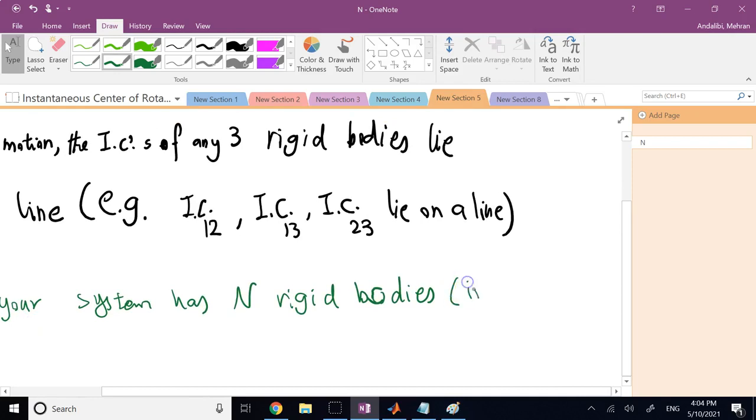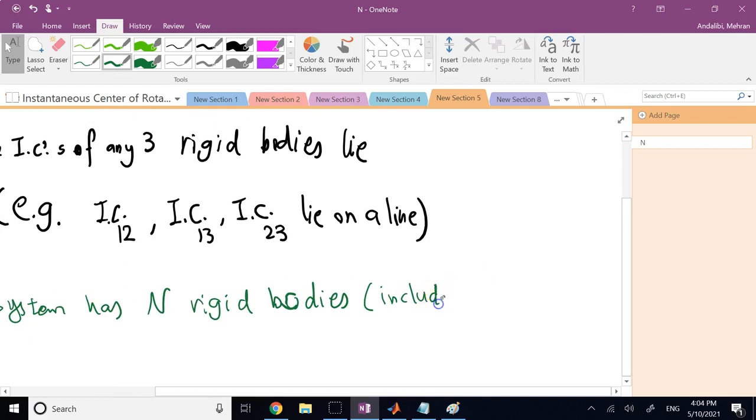And I mean including ground. So including the ground, okay, ground is included here.